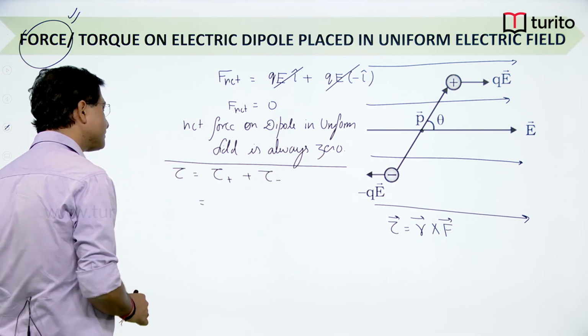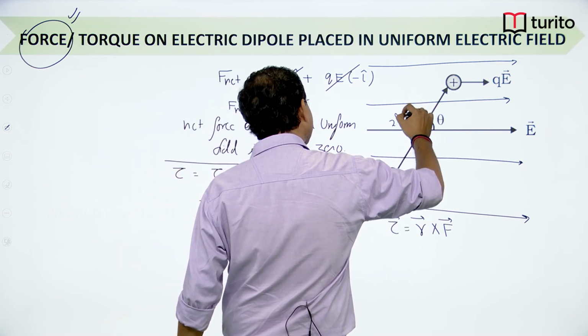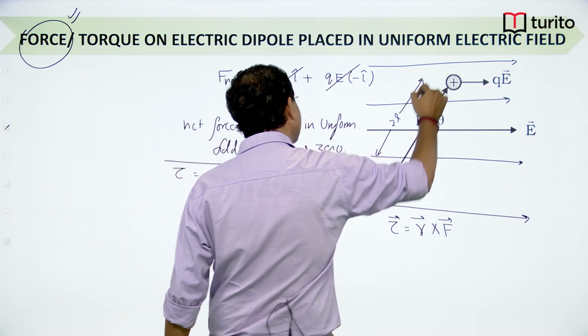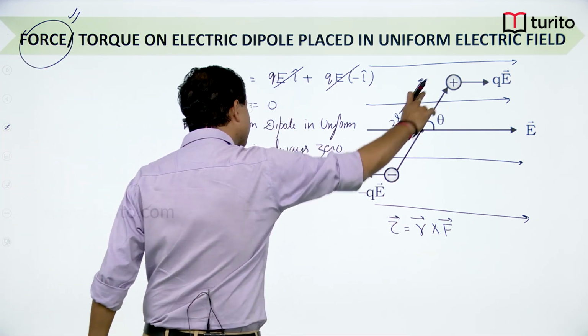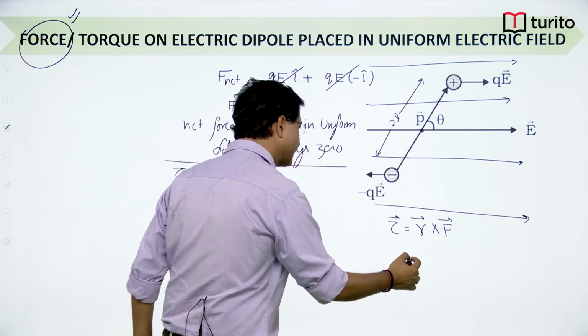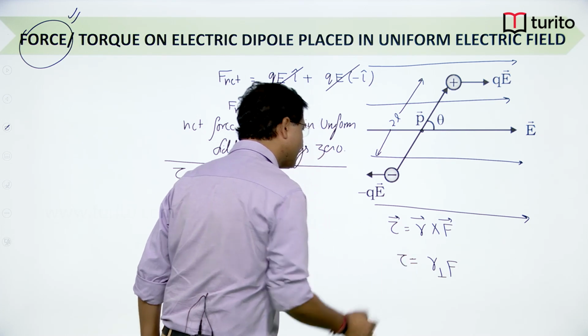Because of positive, if the total distance from here to here is 2L, then the torque can also be written as R perpendicular into F, right.